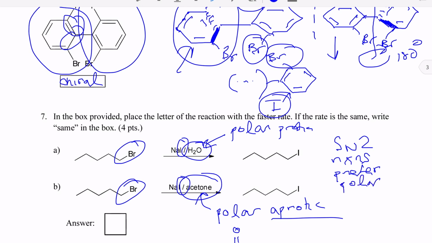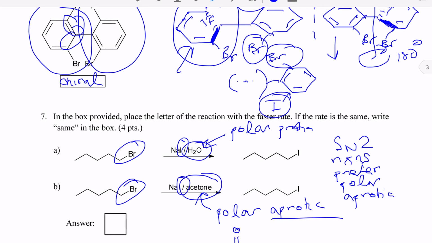And the reason for that is that protic solvents, such as water, can interfere with the reaction. And you might be wondering why. Because the capability of water as a polar protic solvent to hydrogen bond can easily interfere with the nucleophile, or the ion in this case.